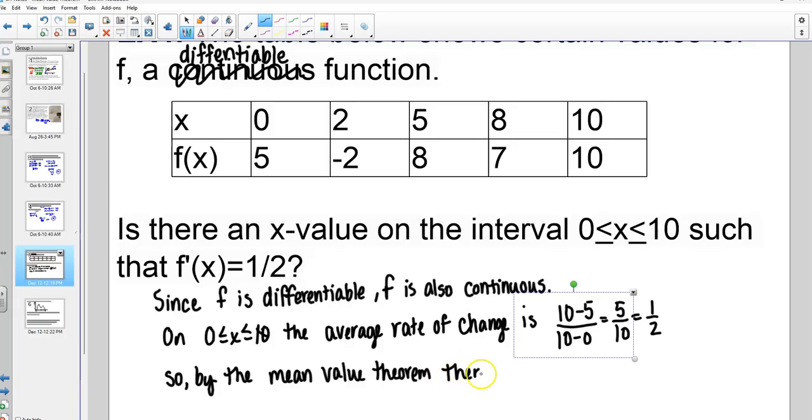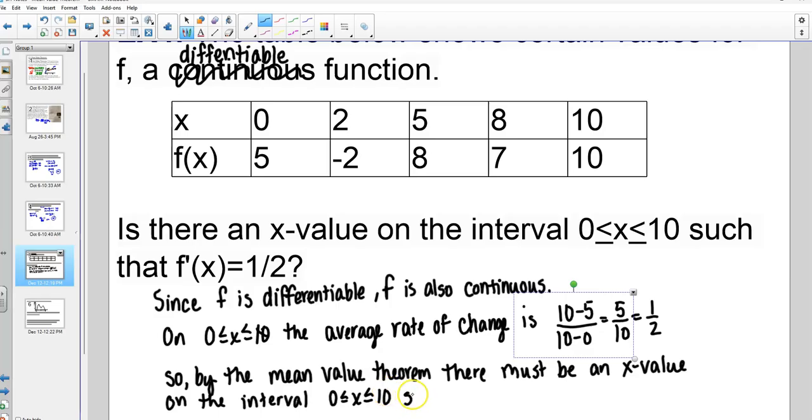There must be an x value on the interval 0 less than or equal to x less than or equal to 10, such that f prime of x equals 1/2.